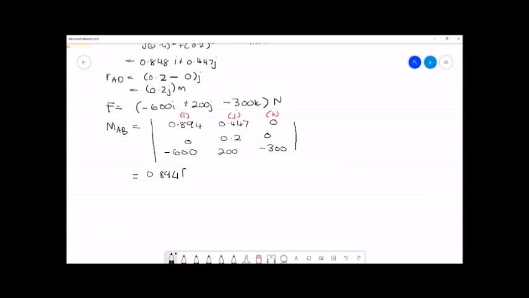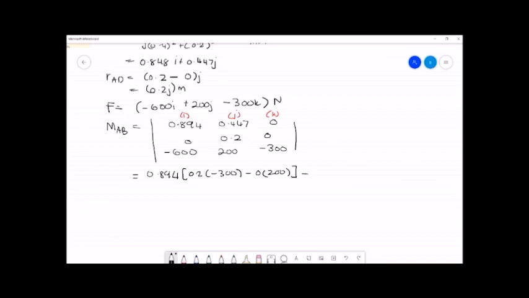0.894 bracket 0.2 times negative 300 minus 0 times 200 close, and then minus.